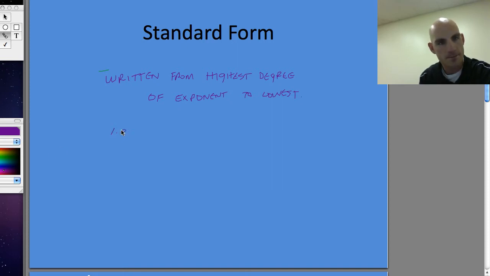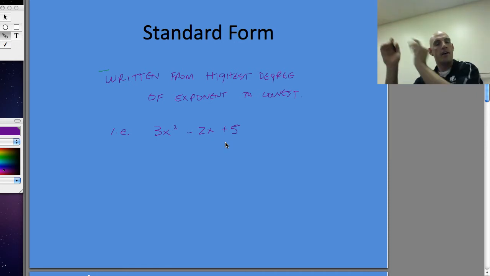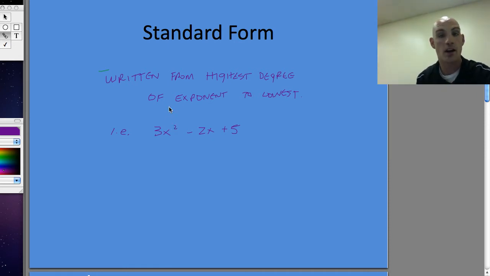For example, 3x squared minus 2x plus 5 has descending degrees of exponents. So x squared comes before x. The constants come at the end, the numbers that don't have any x's connected to them. Okay, so that standard form is writing those from highest to lowest.